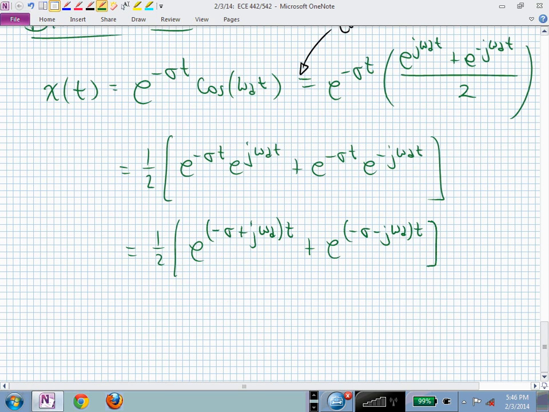And if we wanted to, we might refer to this as some frequency or S variable S1, and there's S sub 2. So if you let S1 equal this guy and S2 equal that guy, that puts you in a certain point in the complex S plane, if that's how you want to think about it.